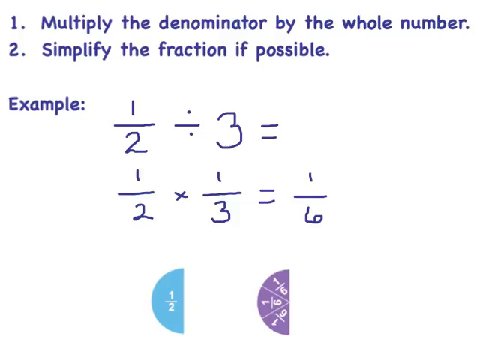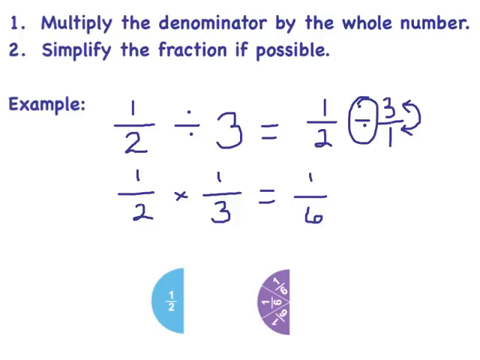If I were to rewrite this problem, I would actually have 1/2 divided by 3/1, right? But because it's a division problem, I need to flip the 3/1 and then change that sign to a multiplication.